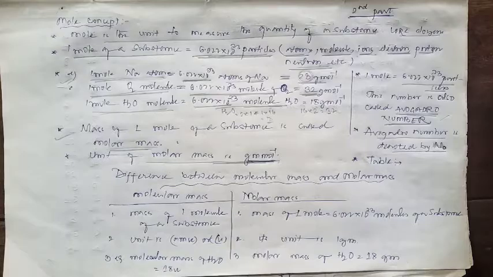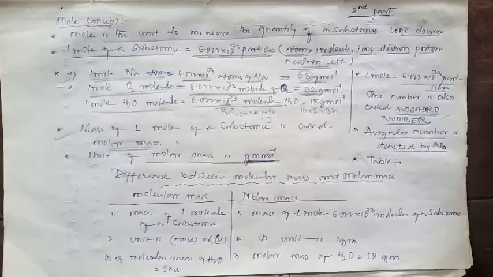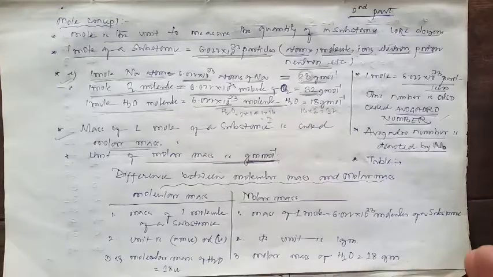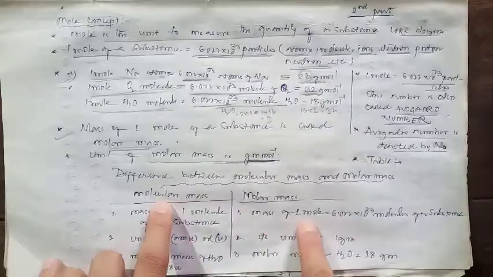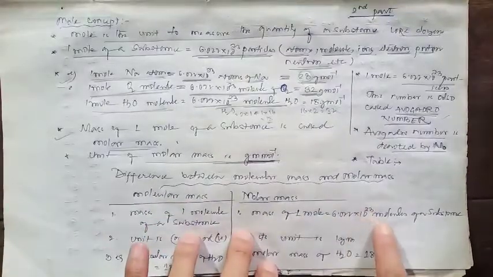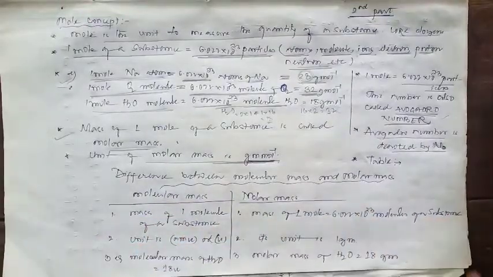Now if from that collection of 12 pencils I take 1 pencil out and measure its mass, I can compare the mass of 1 pencil with the molecular mass. So that's how you can understand. The mass of 1 molecule of a substance is the molecular mass, and the mass of 1 mole, meaning 6.022 × 10^23 molecules of a substance, is the molar mass.